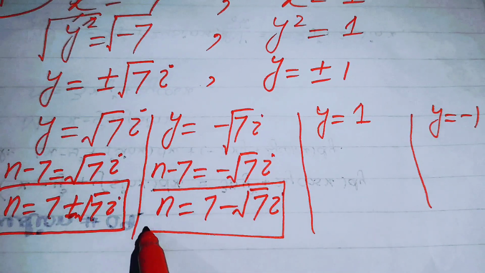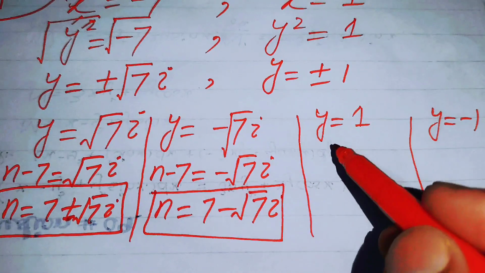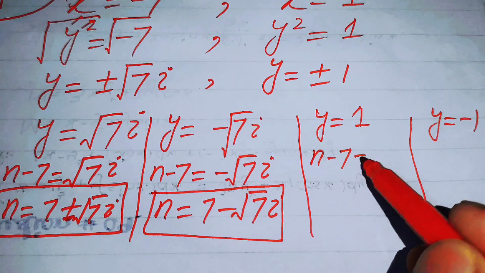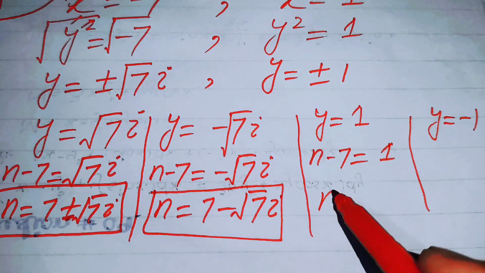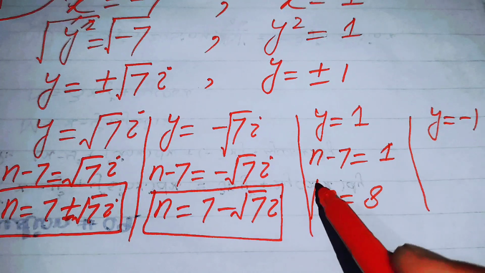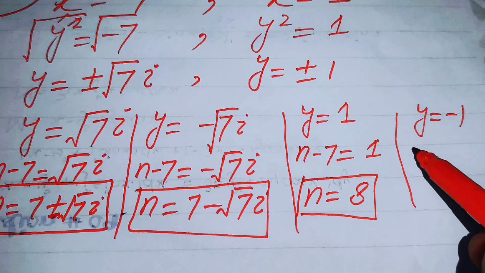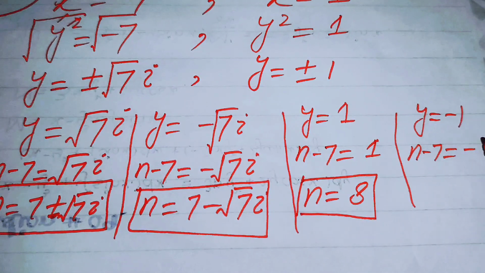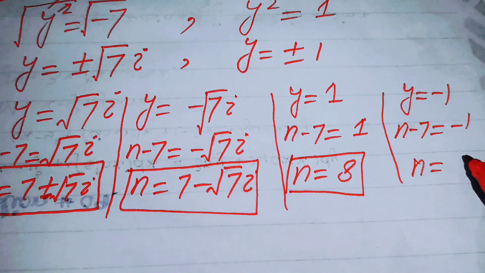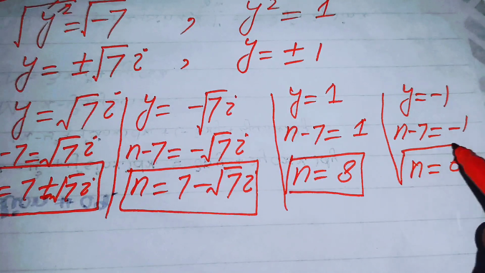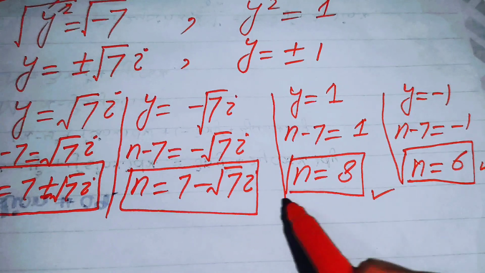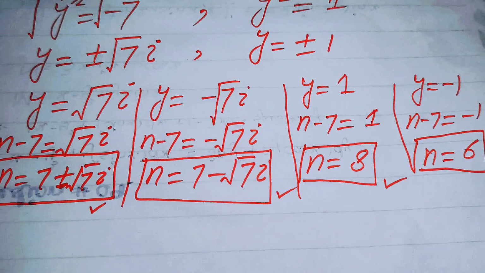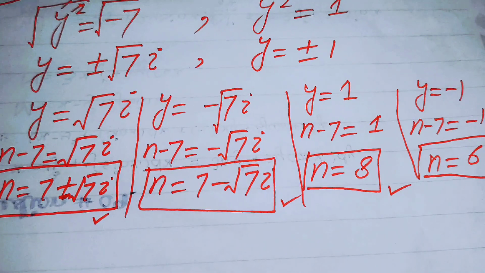So this is our second root, and when we put n minus 7 is equal to 1, you get n is equal to 8. This is the third root, and when n minus 7 is equal to minus 1, you get n is equal to 6. So these are the four roots of the given equation, and this is our final answer.